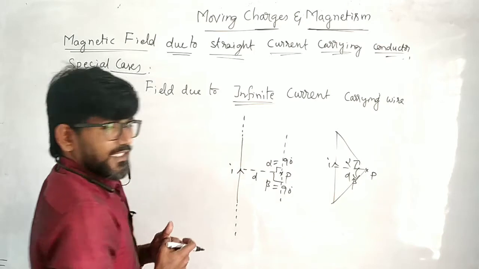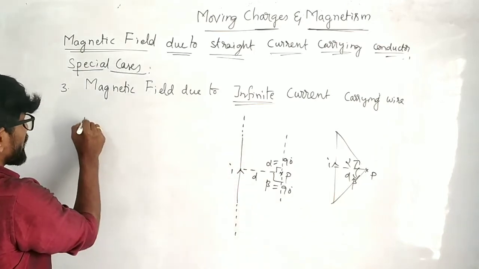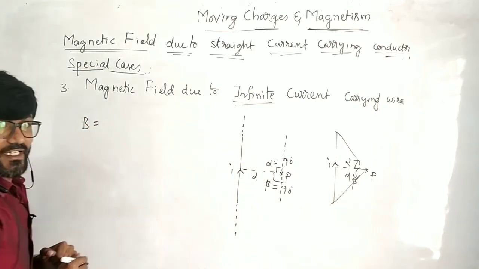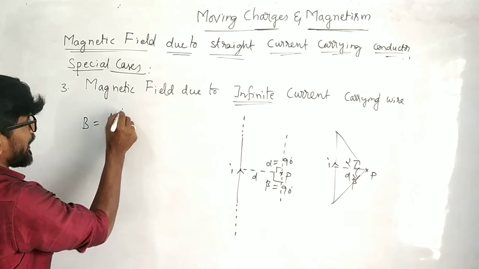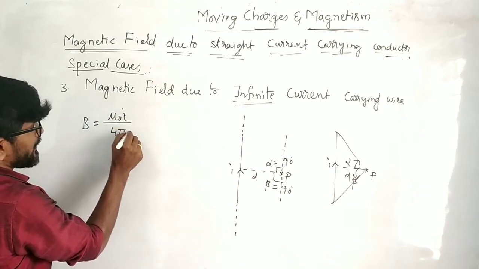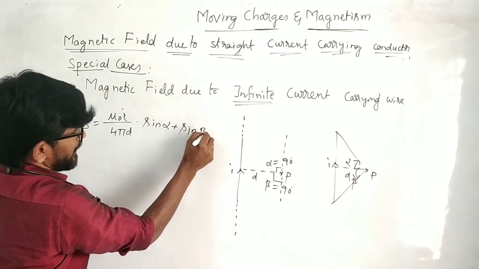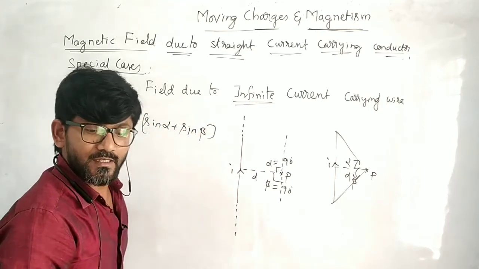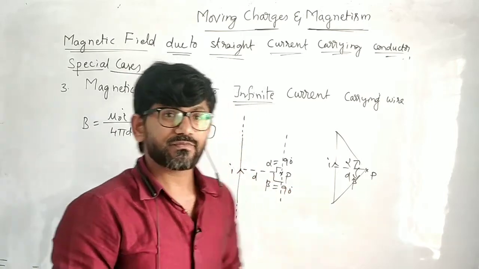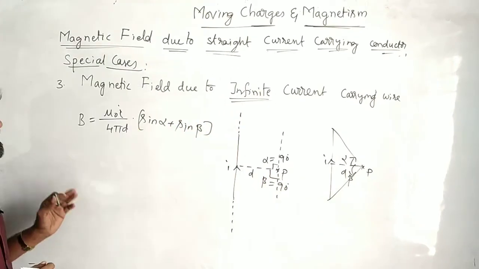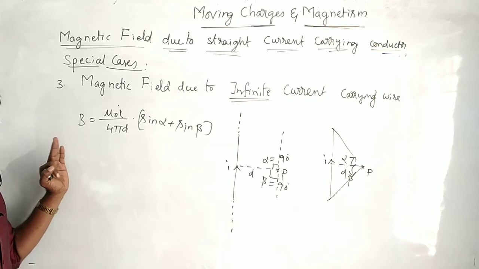Now things are clear. The general formula for finding the magnetic field due to a straight current carrying conductor is mu naught I by 4 pi d into sin alpha plus sin beta. Are you getting? Right?